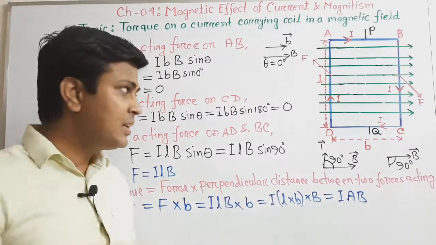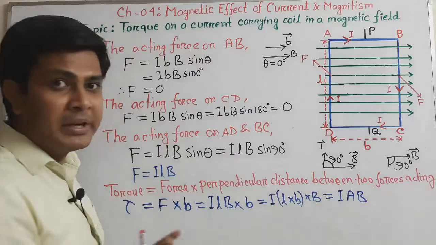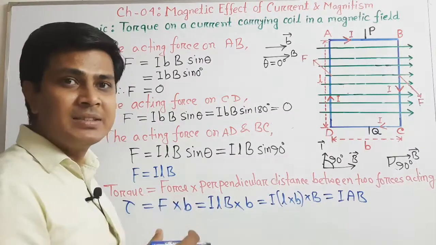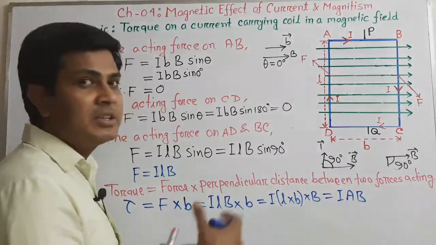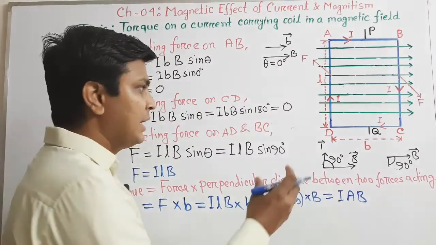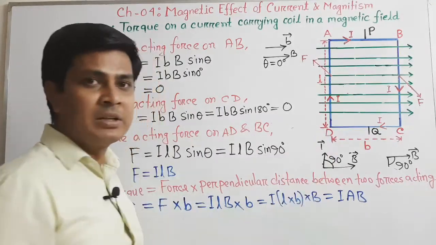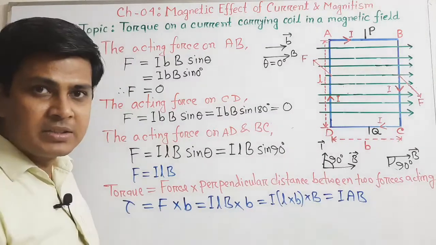This is the formula of torque for a single loop. But if we take two loops, then the torque will increase. Similarly, if you take another loop, the torque will increase more. So due to the increasing number of turns or loops, the torque increases.